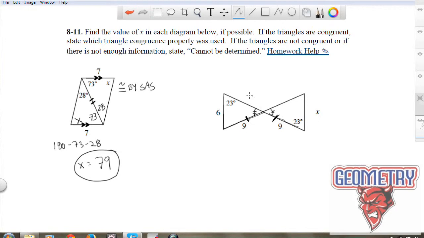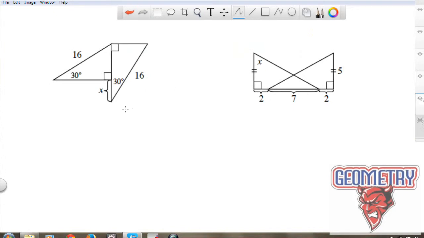So therefore, there's not enough information to say that these two triangles are congruent. So therefore, we cannot just easily say, oh, well, if this is 6, then x is also 6. So we are not going to be able to find what that value of x is with what we're given here.